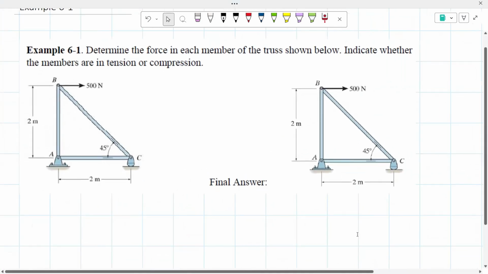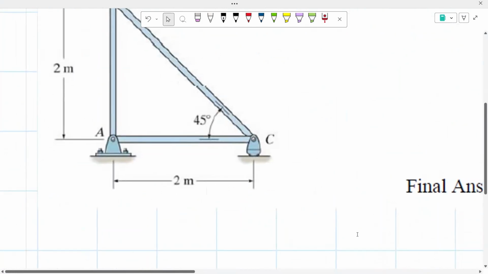So to start off this problem, first we have to determine how many unknown reactions there are. Looking at the figure, at point A we have a pinned support, meaning that we're going to have two reactions, a vertical and a horizontal reaction.